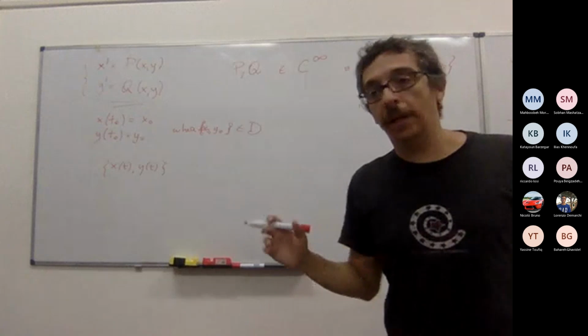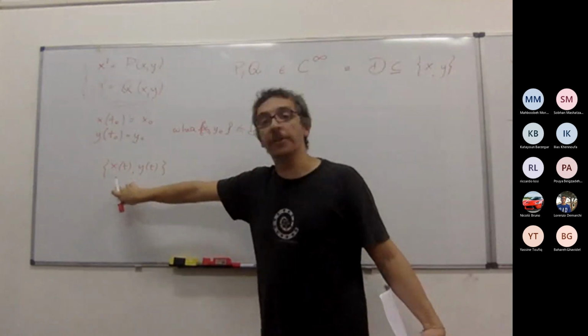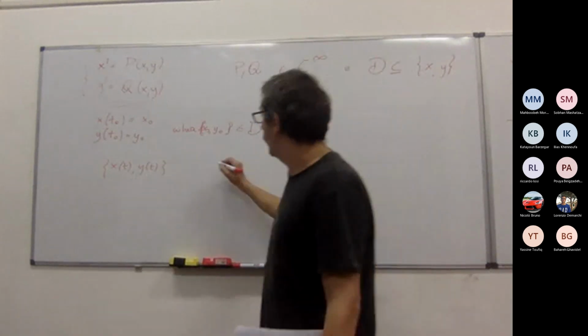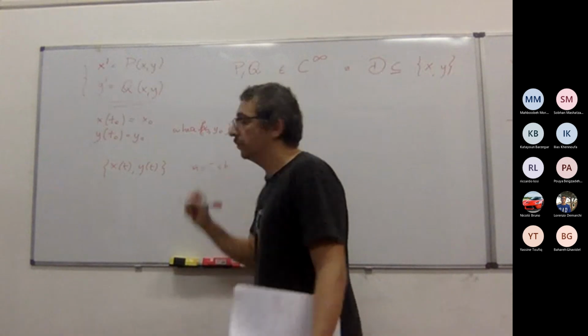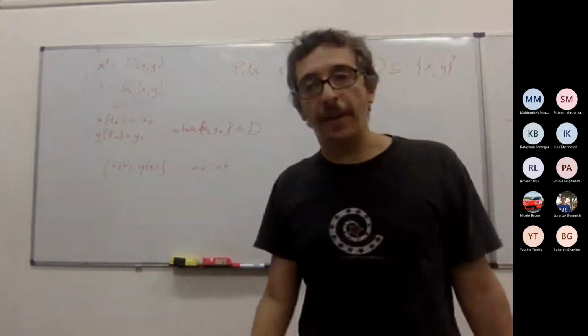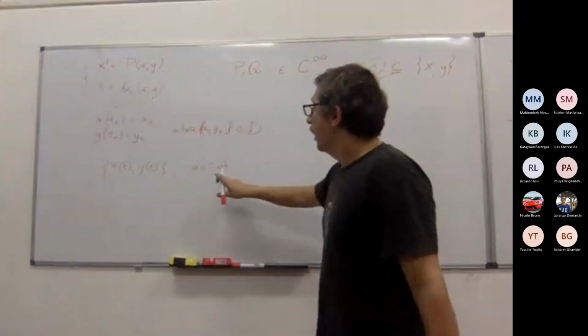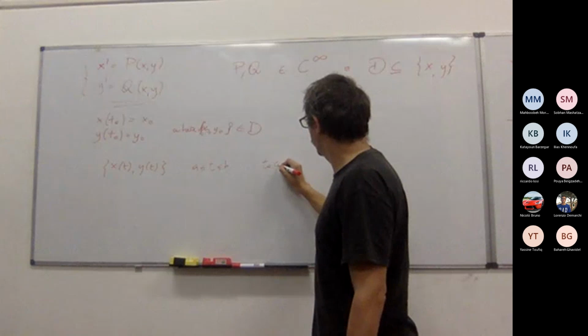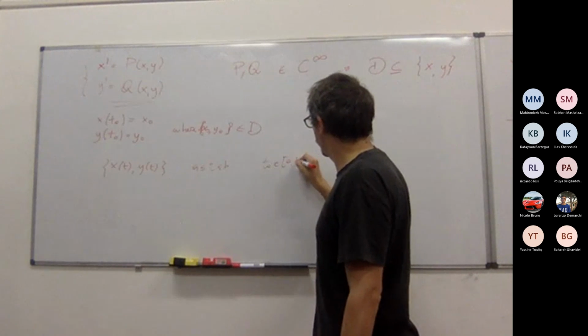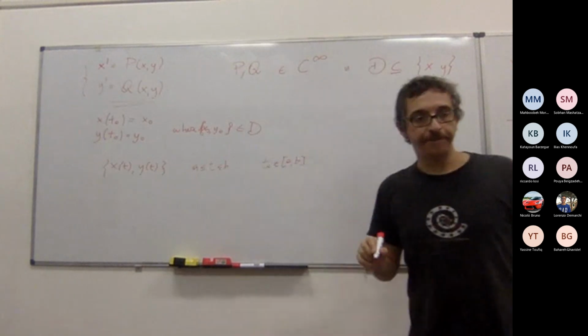These are two functions which are well defined for t chosen in some interval (a, b) that contains t naught. So t naught belongs to this interval (a, b).